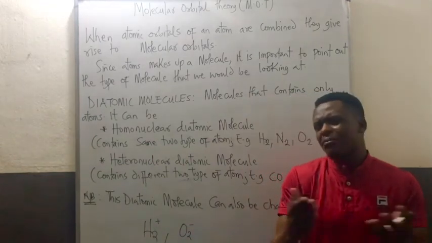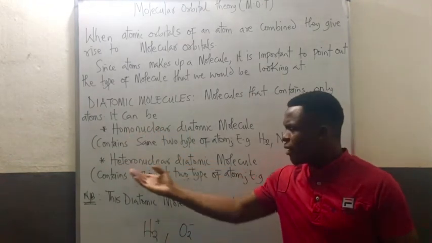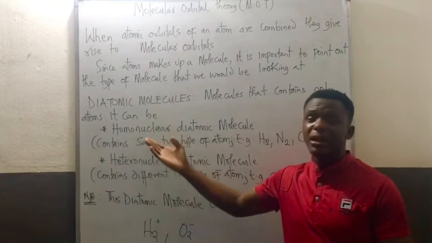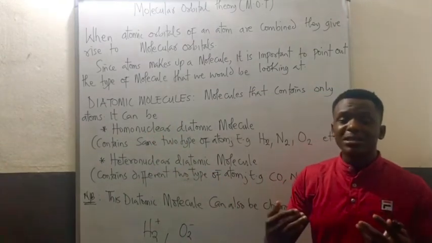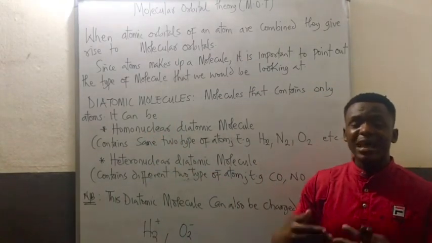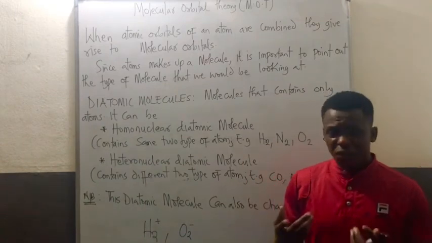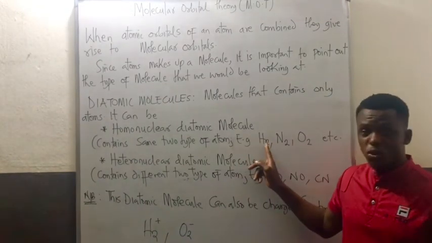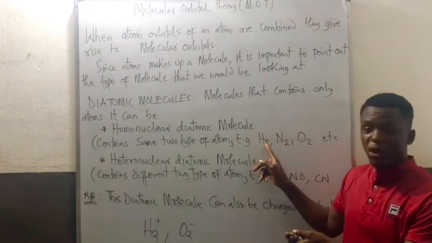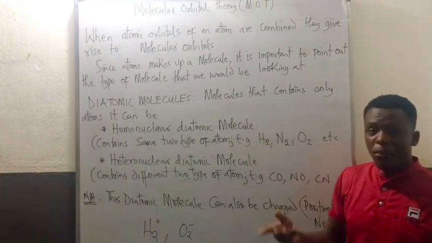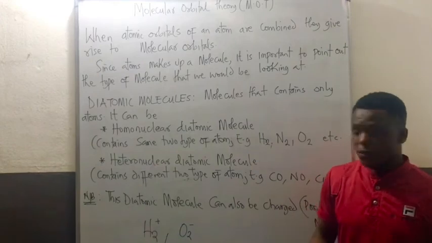Now diatomic can be homonuclear, it can be heteronuclear. Homonuclear simply means a diatomic molecule that contains the same two types of atoms. For example, we have hydrogen, H2, the hydrogen molecule. This is homonuclear because two hydrogens are combining, they are of the same atom.